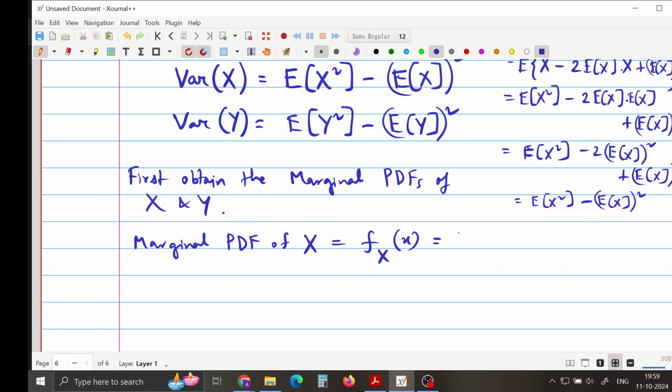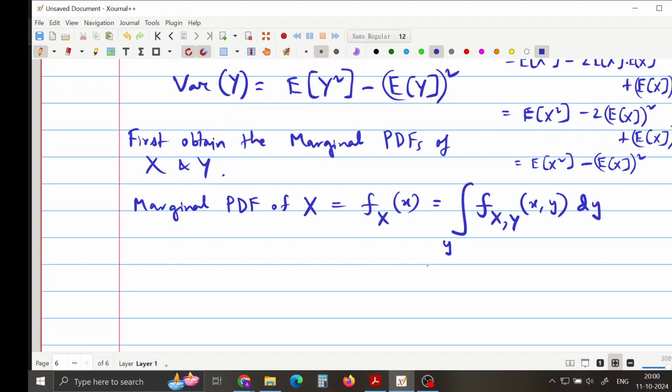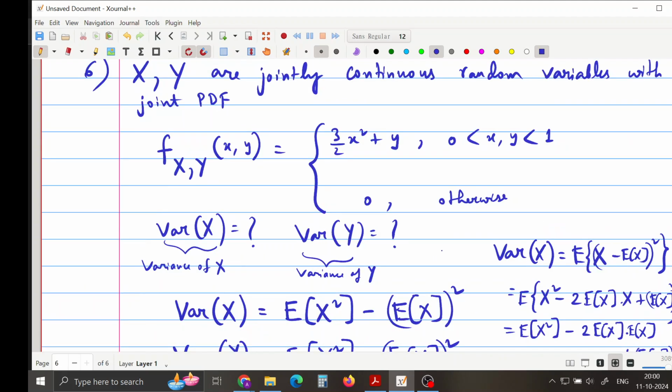So this we can find from the joint PDF by integrating. Why integrate? Because we are in the domain of continuous random variables. So we have to integrate the joint PDF with respect to dy, with y running from minus infinity to infinity. But in our case, this joint PDF is defined only for x and y going from 0 to 1.